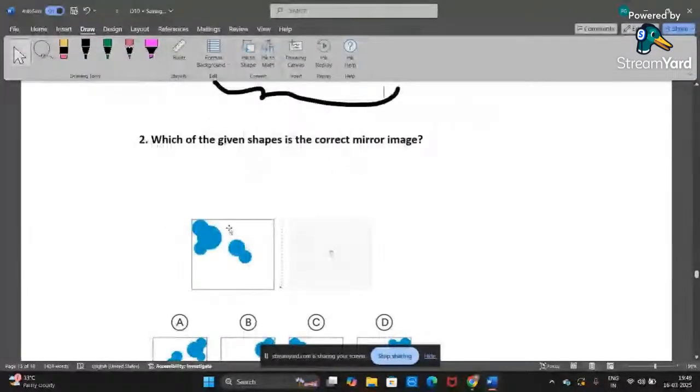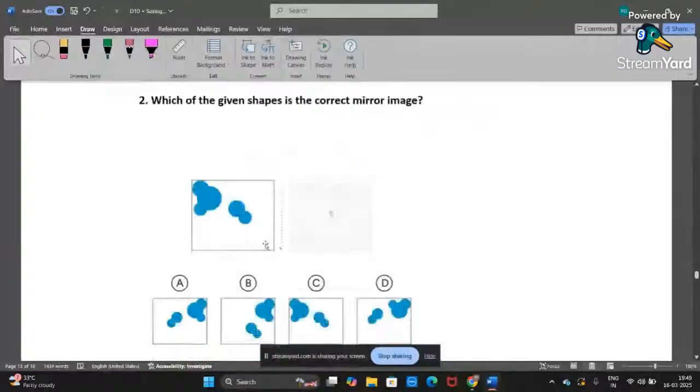Which shape is the correct mirror image? Which is the mirror image for this? It should be like this, right?